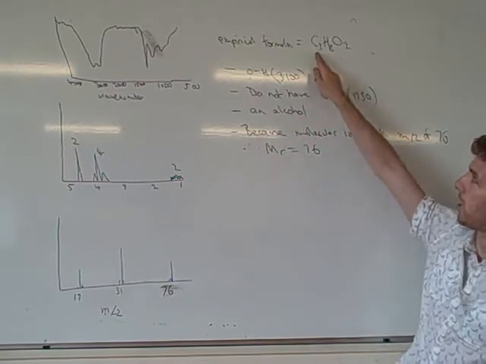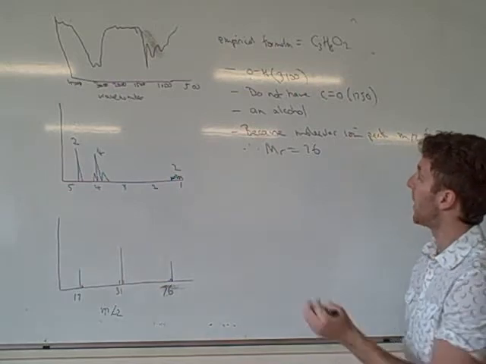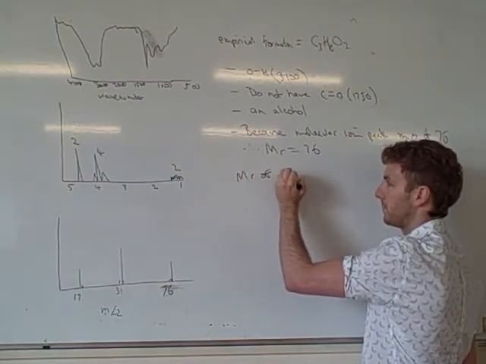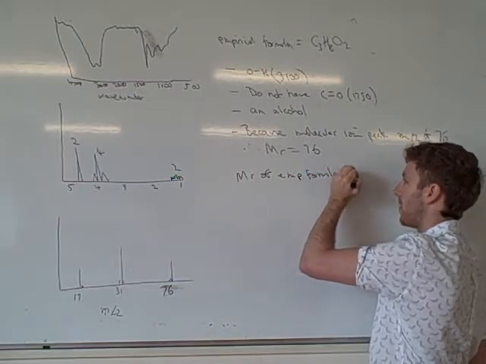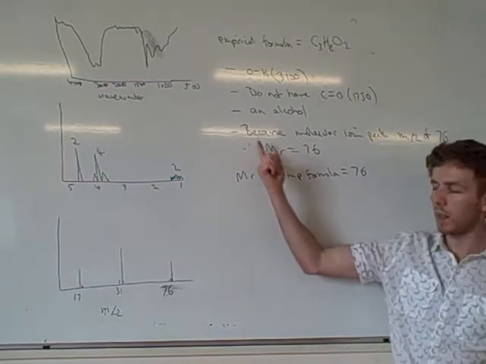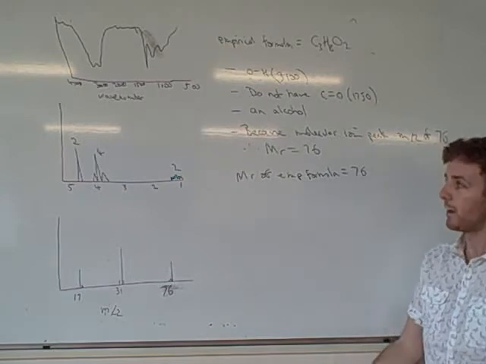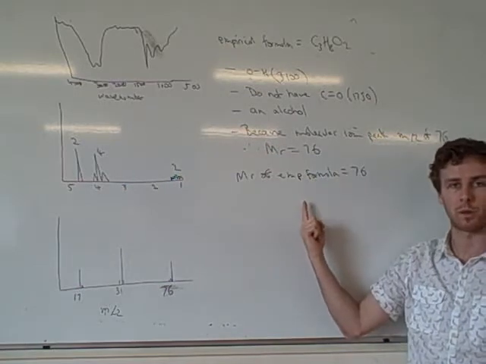I also know my empirical formula is C3H8O2. Now, if I add up the mass of my empirical formula, that will equal 76. So I know my molecular formula has the same mass as my empirical formula. I therefore know my molecular formula must be my empirical formula.